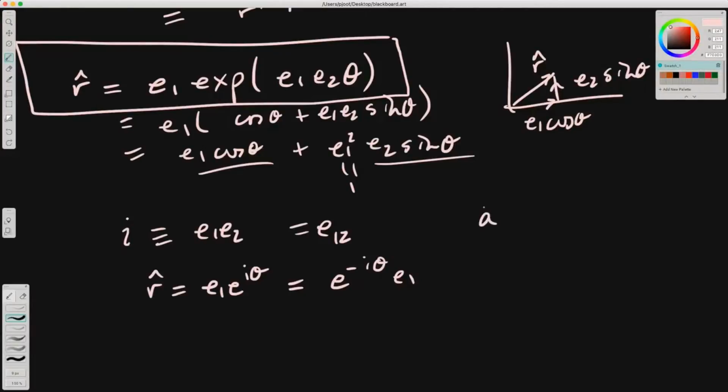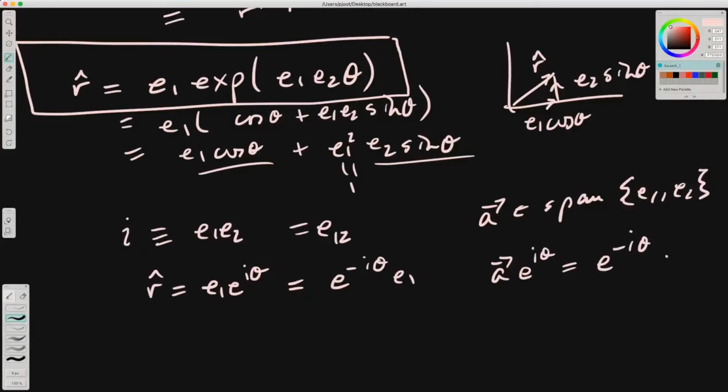So if we say that a is in the span of e1, e2, then a e to the I theta equals e to the minus I theta a. That's easy enough to show, but it's an important difference compared to complex numbers, because we have to keep the order.